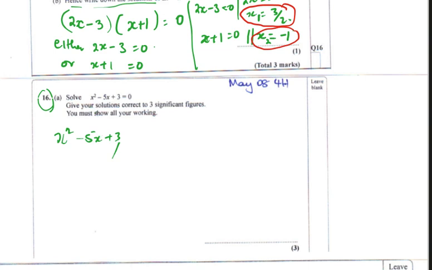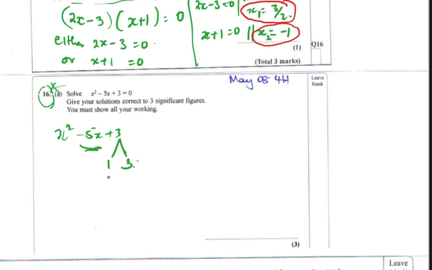So this here we shall look at after looking at how to use the quadratic formula. The reason I say it doesn't have factors is that the factors of 3 are 1 and 3, and there is no other pair that you can add to get 5. So it doesn't have factors, so we can't solve it further.